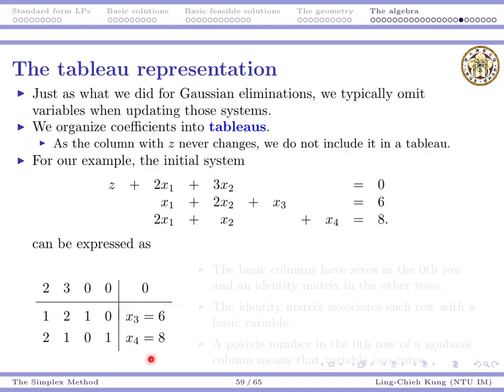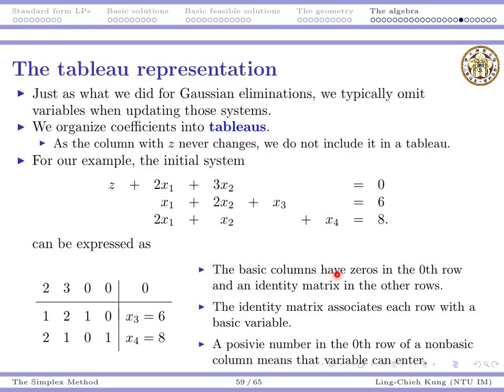For the last part, you may indicate to remind yourself that these are the values of the basic variables, so that when you see this, you immediately know the current basic feasible solution is 0, 0, 6, and 8.